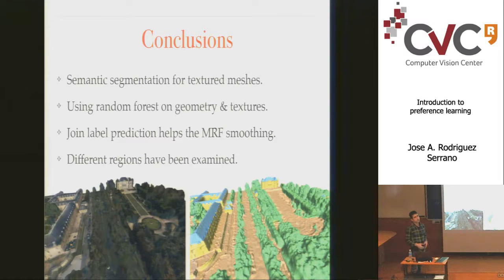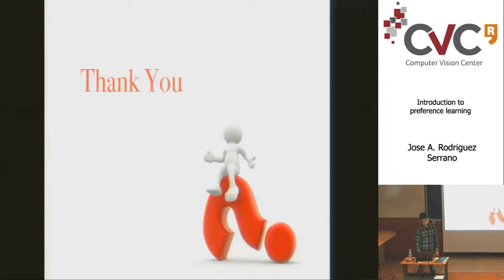In our case, to benefit from this contextual information, we trained a random forest for extended labeling so that this labeling can later on be used in an MRF model. And different regions have been examined in these cases. And thank you.